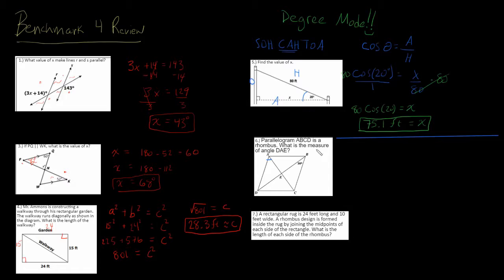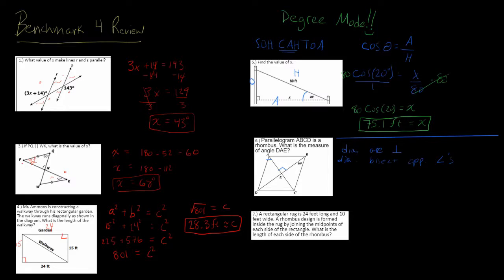One is that our diagonals are perpendicular. Okay, they're perpendicular, so they intersect at right angles, right? And what's another piece of information that is going to help us out? Not only are they perpendicular, your diagonals bisect opposite angles.